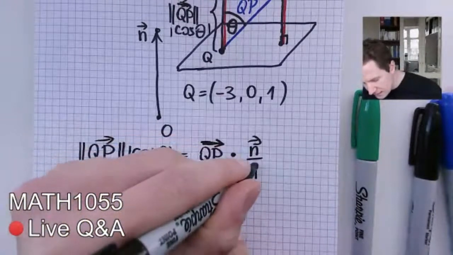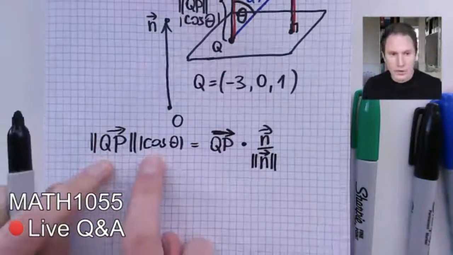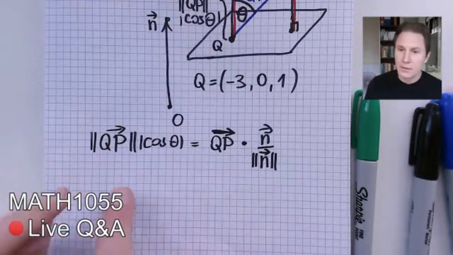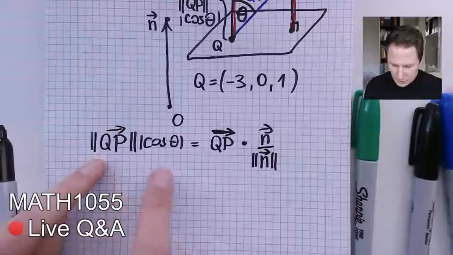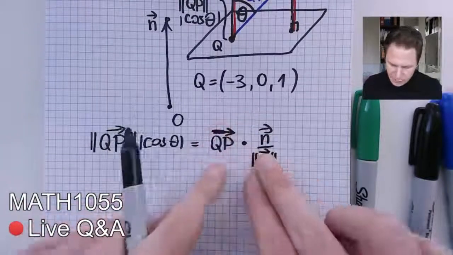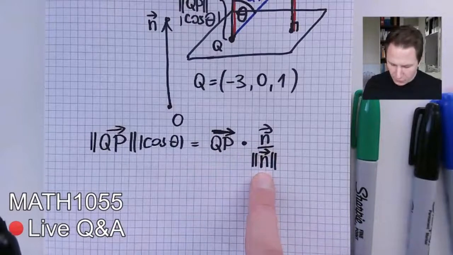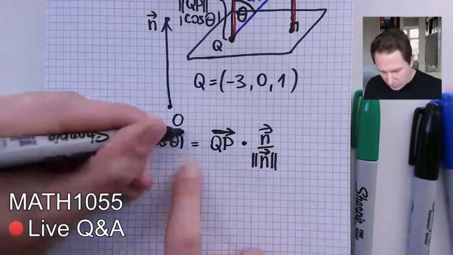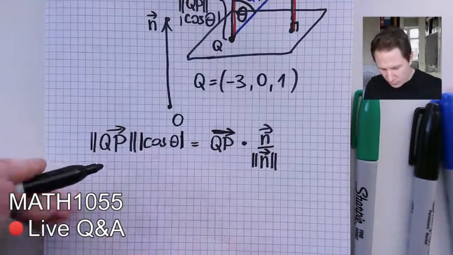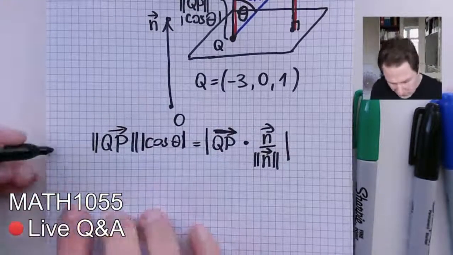Well, I have to divide n by its length, really, because the length of n does not appear on the left-hand side. If you remember the different definition of the scalar product, it would have the length of n on the left-hand side if I were to just write it like QP dot n. So I have to divide by the length of n, and since I wanted a non-negative number, I took the absolute value of the cosine of theta. I should take the absolute value of this thing. So all I have to do, so this is the distance.